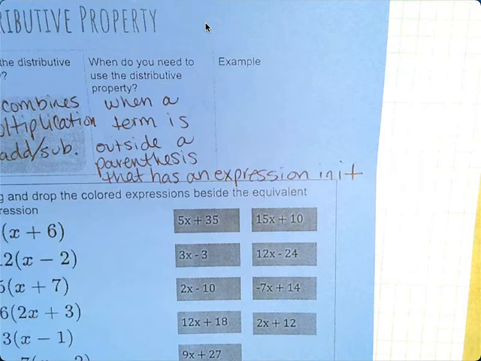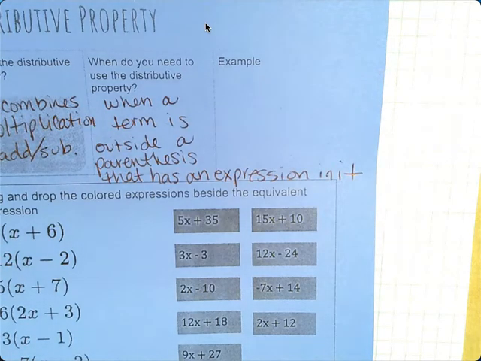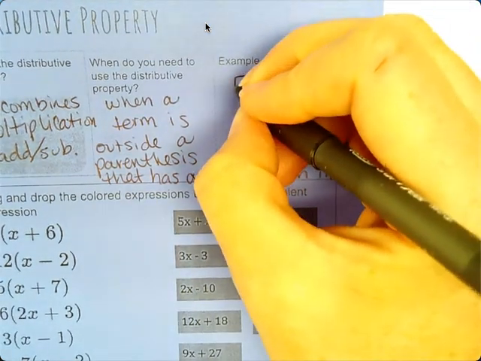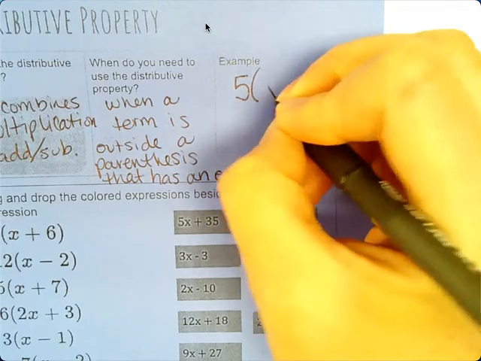So a number is beside the parentheses, and inside that parentheses, there's some kind of expression. The expression would be add or subtract, and outside is multiply. So an example would be, let's do 5 parentheses x plus 2.